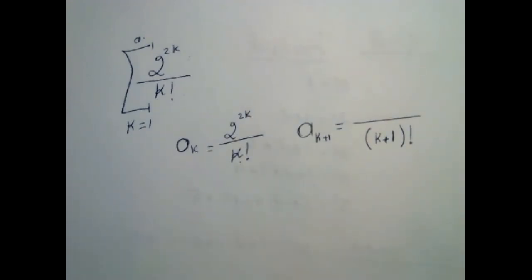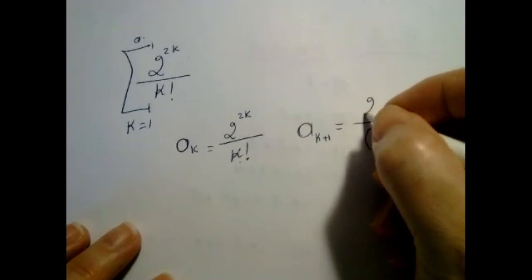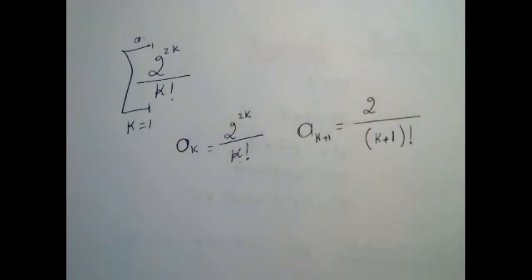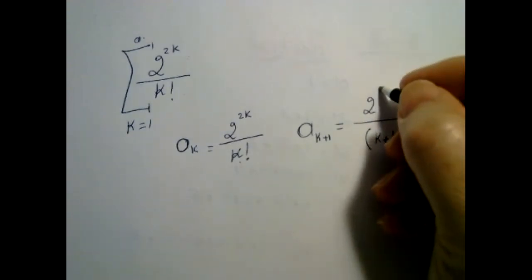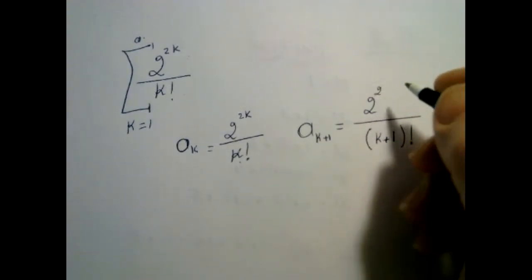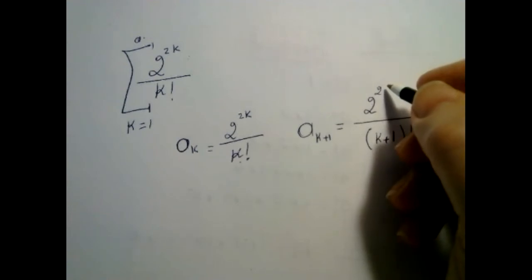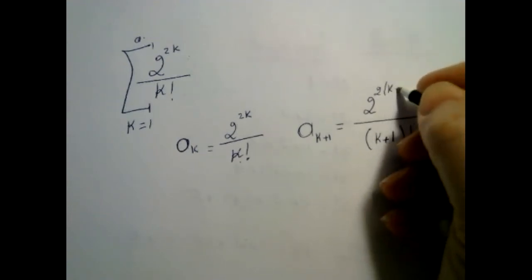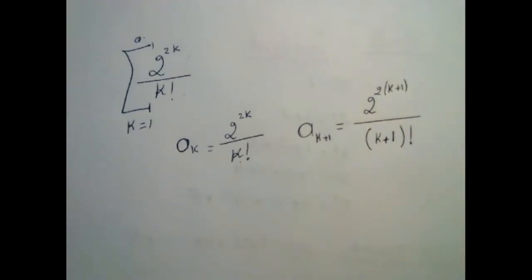What will the numerator become? It's going to be 2 to the power of 2 times k plus 1. How do you want me to write k plus 1? Parentheses. Exactly. Be very careful with everything you do.